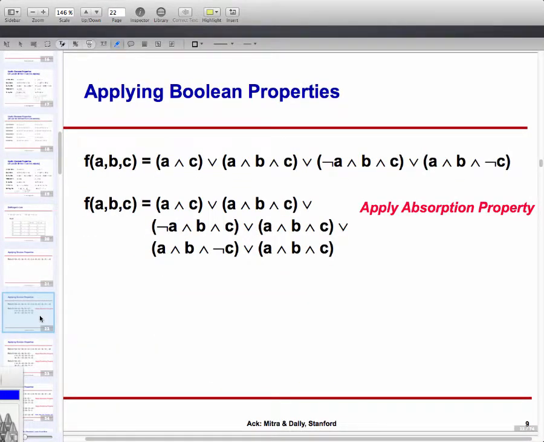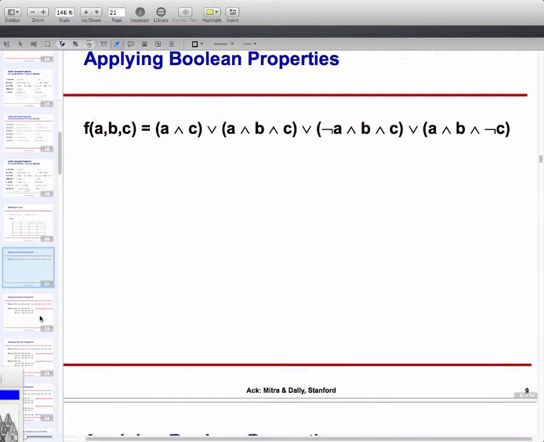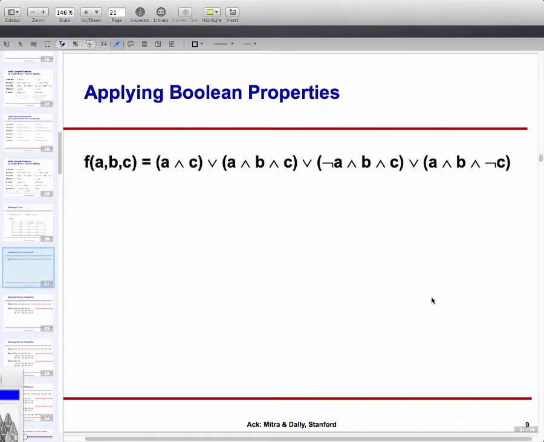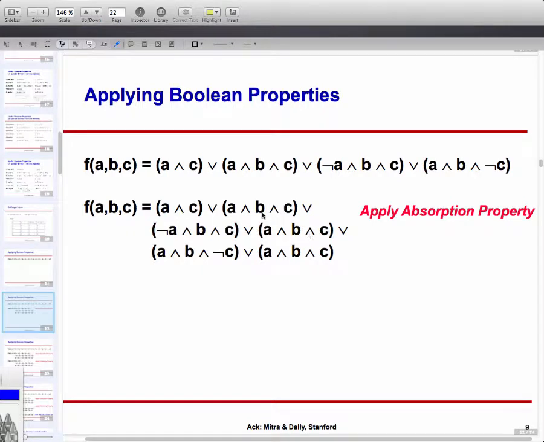The first thing we can do is apply the absorption property. Let's go back. Absorption property said x or x and y is the same as x, and x and x or y is the same as x. So the way we are going to apply it: we are starting with this top one.